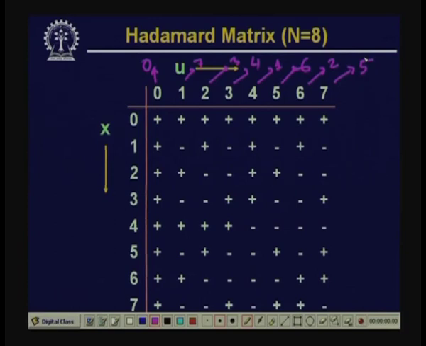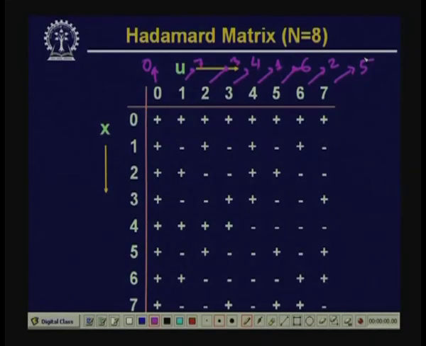So, if I define the number of sign changes along a particular column as the frequency, which is similar to the concept of frequency in case of discrete Fourier transformation or discrete cosine transformation. In case of Hadamard matrix, we are defining the number of sign changes along a particular column, or for a particular value of u, as the frequency.